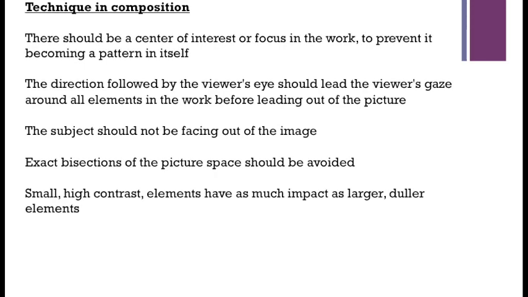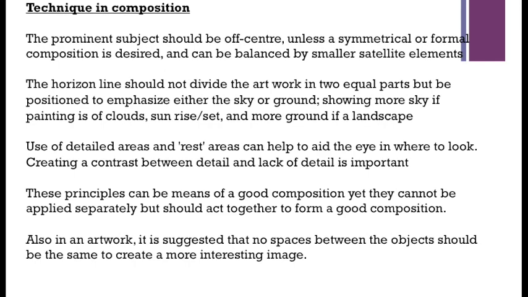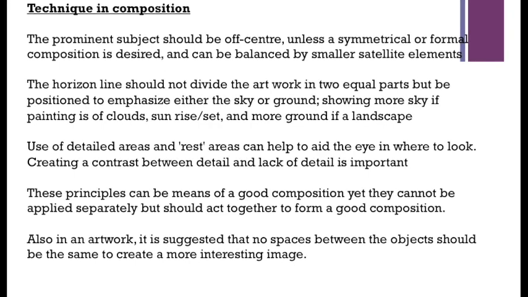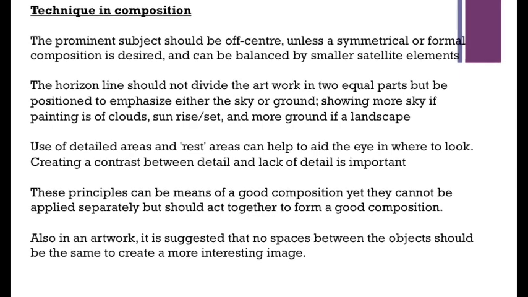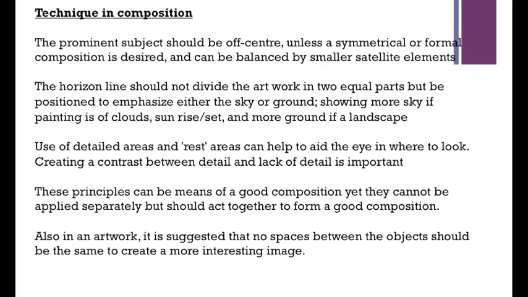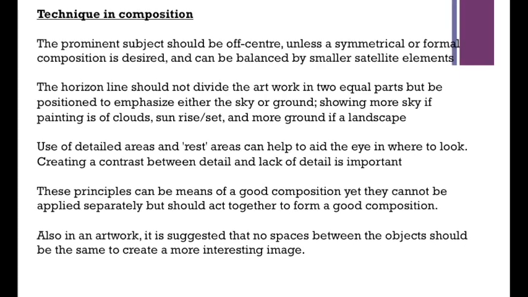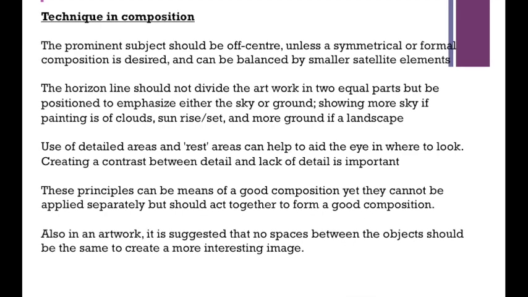So in composition technique there is also the horizon line. Horizon line is a vertical line. Okay, the principles of composition also need to be understood. Good composition is based on good design arrangement.